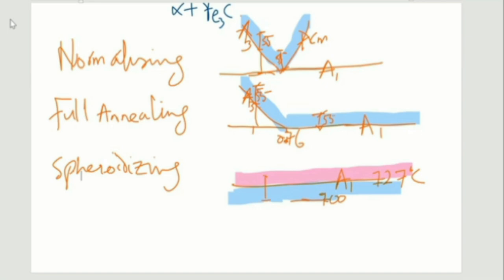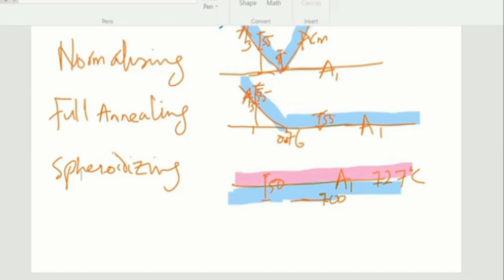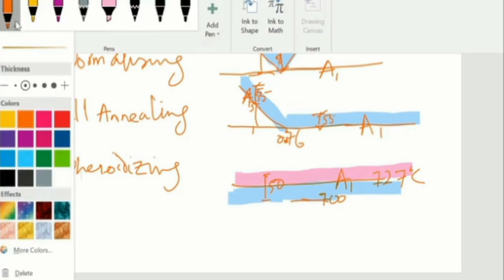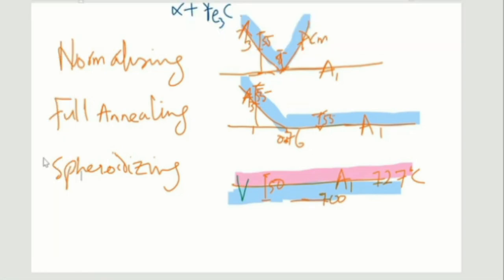Let's assume here is 50 degrees. So it means heating and cooling alternately.